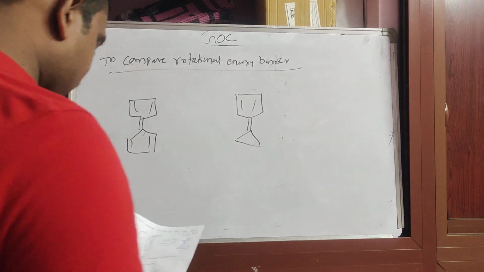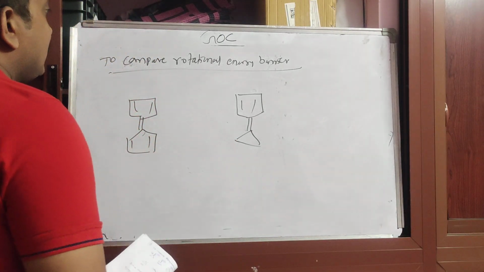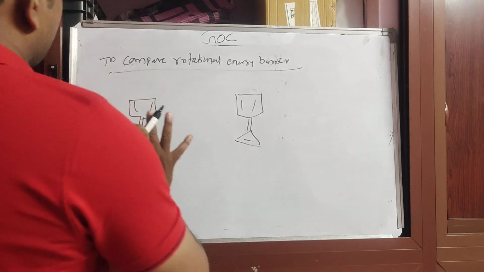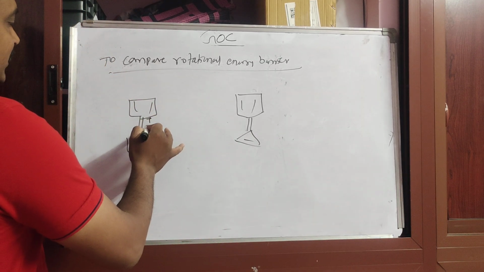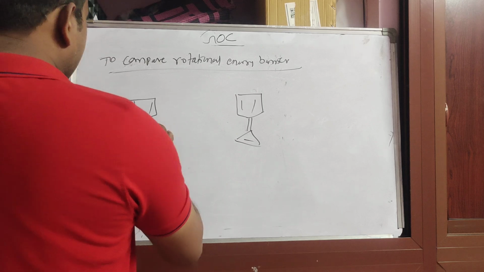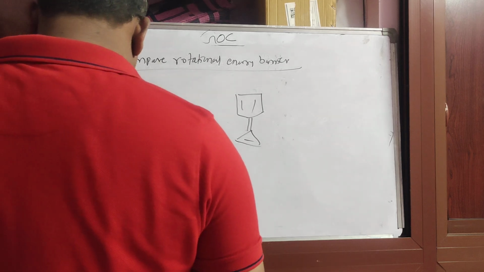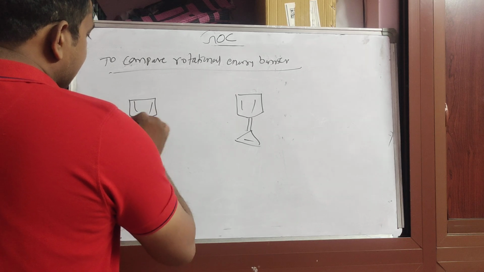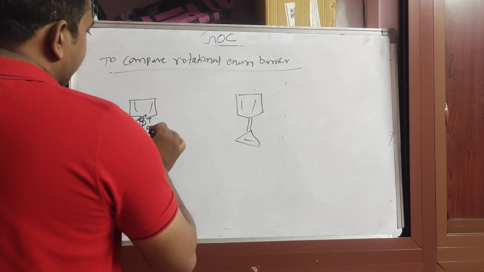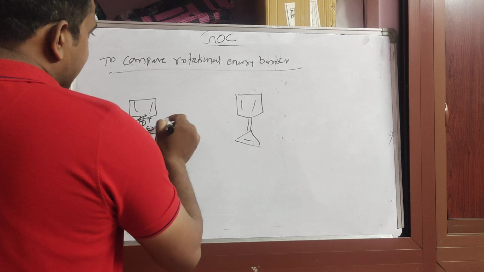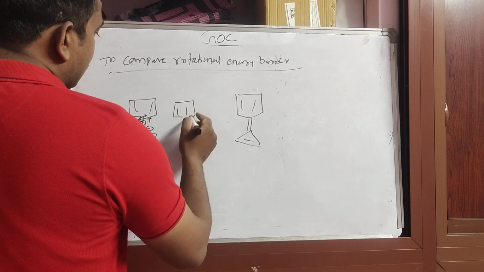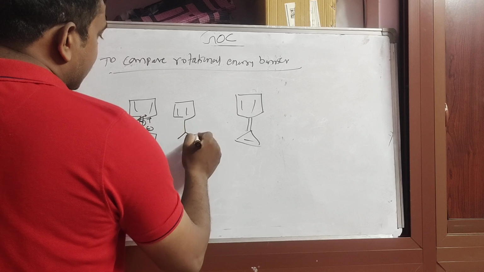If you compare the rotational energy barrier, here you get a positive and a negative. What will happen if the lone pair breaks? There are two possibilities.